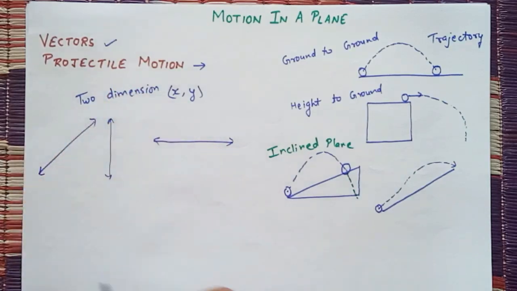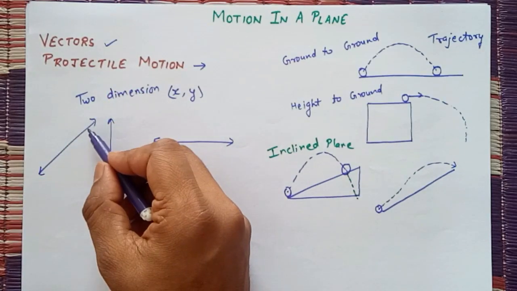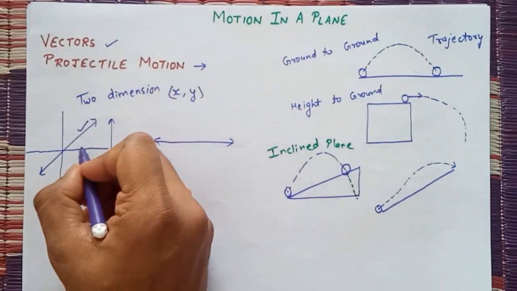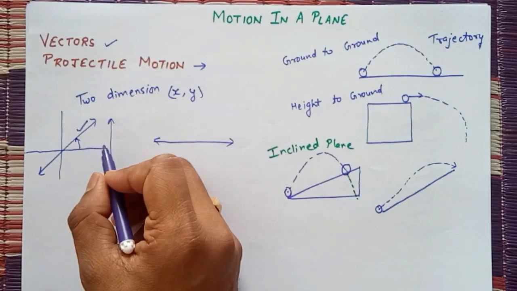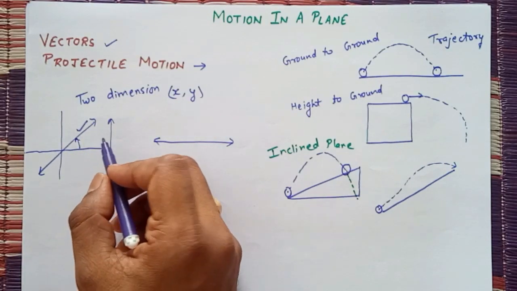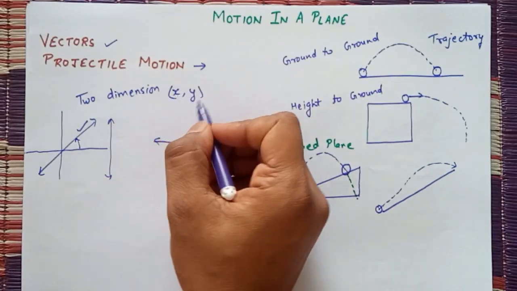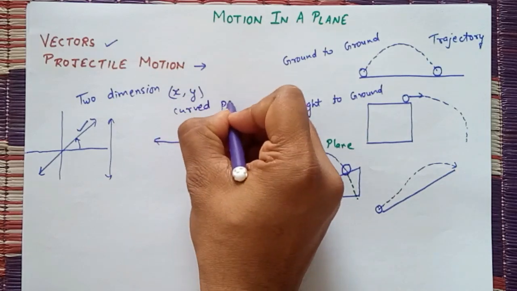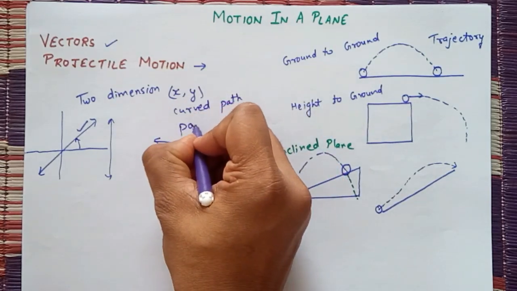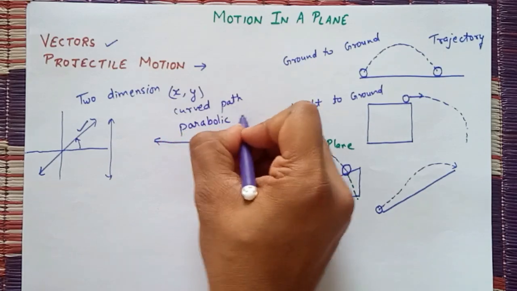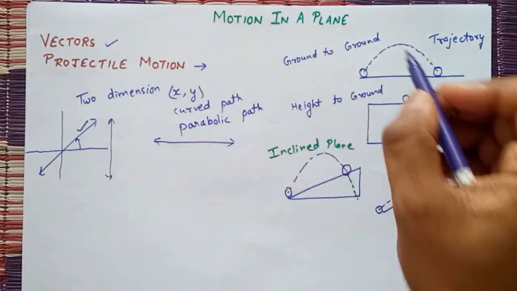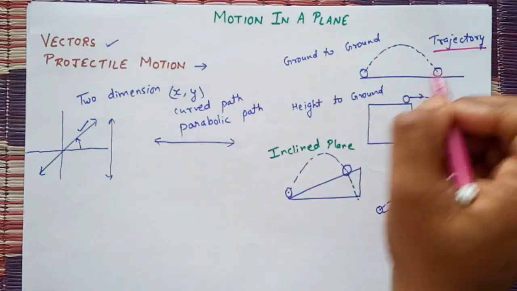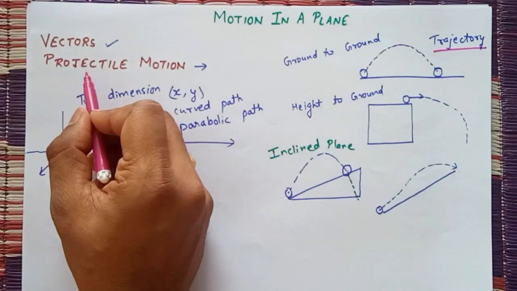Even if you consider this as the x-axis rotated by some angle, it is again motion in a straight line. So when both x and y are changing and the object is following a curved or parabolic path, then it is known as projectile motion. This shape of path is known as the trajectory, and the object which is thrown is known as the projectile.